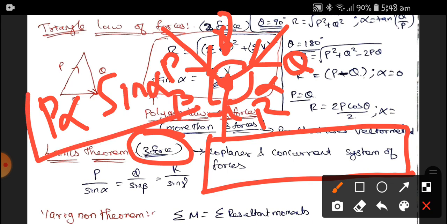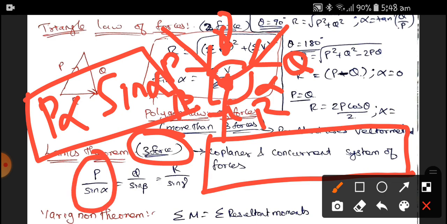So this is the equation giving Lami's theorem. Therefore, P by sine alpha is equal to Q by sine beta, which is equal to R by sine gamma. This is the resultant equation from Lami's theorem.